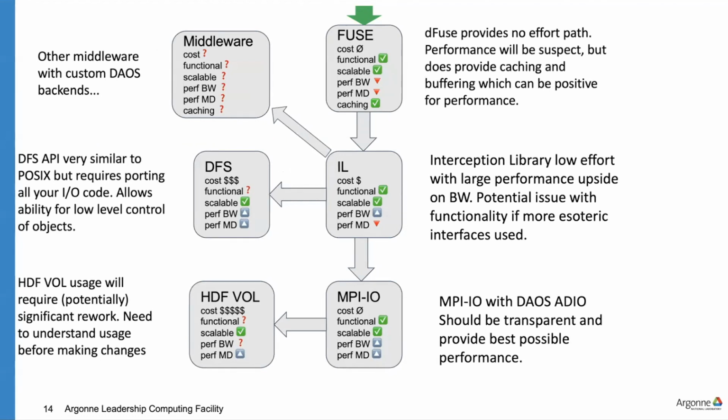You just need to know what my pool is. I need to create a container, and then I need to mount that container. The plan will be that you can just hand a triple to the scheduler and say, this is my pool, this is my container, and please mount it at this location. When your application executes, when you do MPI exec, this path will already be mounted for you, and you just access it like you would any other Unix directory.